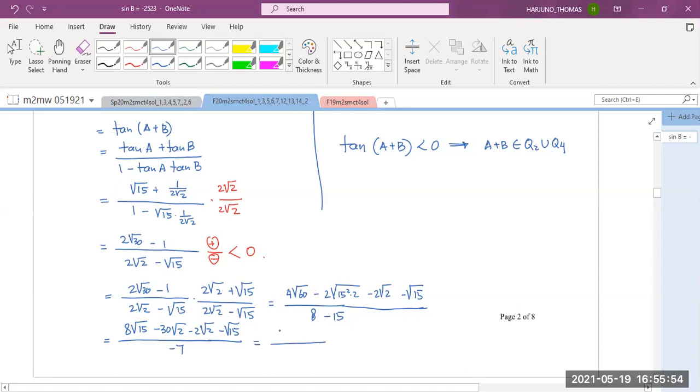So on the top, we will have 7 square root of 15 minus 32 square root of 2 over negative 7. To get rid of the negative, I reverse to subtraction on the top.